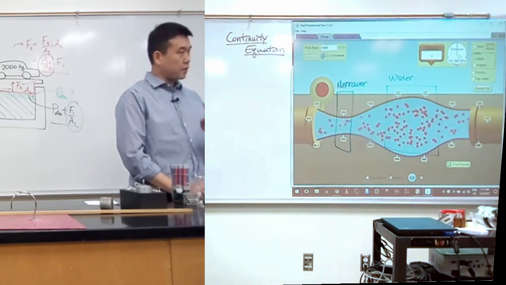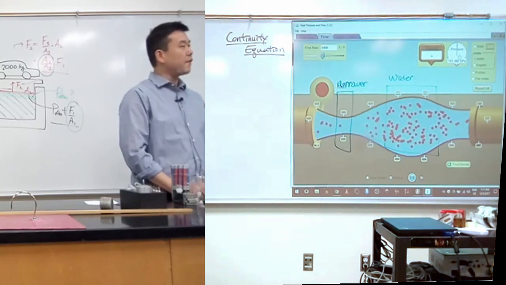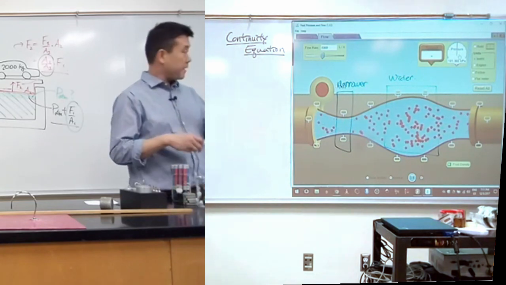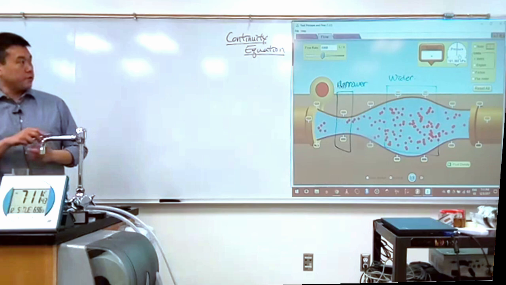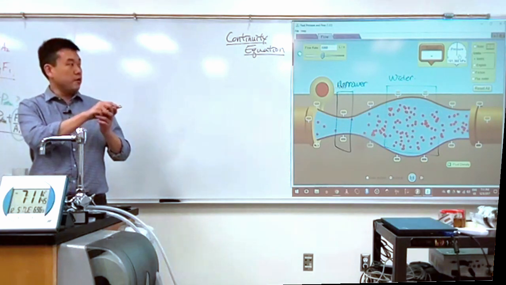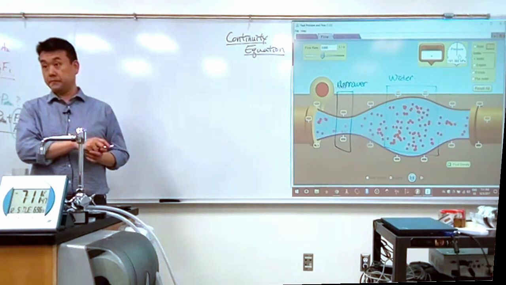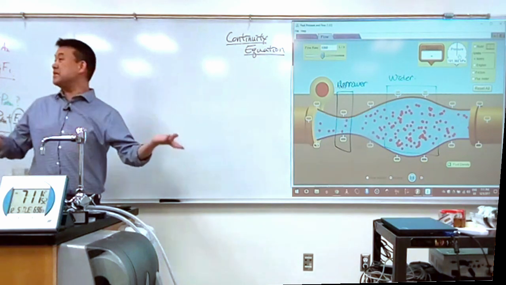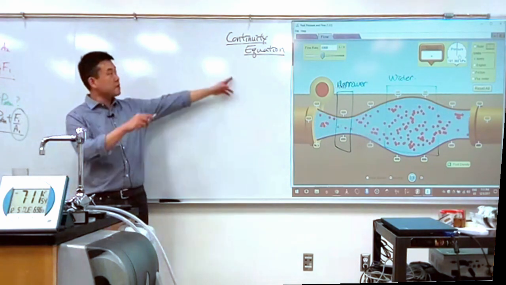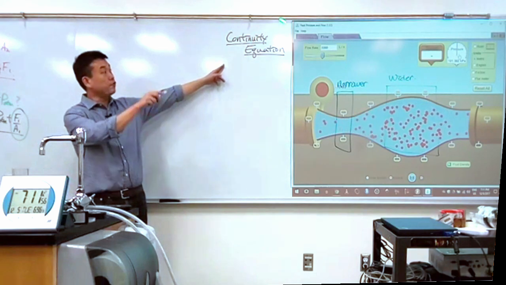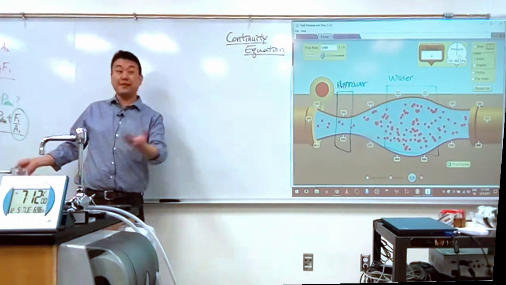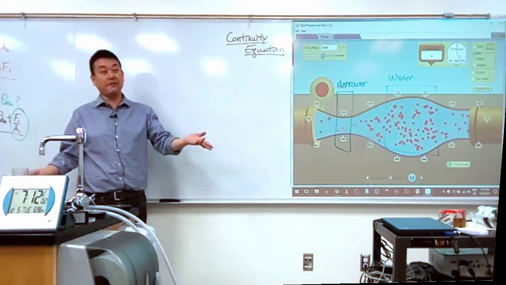I do want us to focus on volume, but it's not the volume of the pipe that I'm concerned with, although that's part of the picture. The volume that I'm really concerned with is the volume of the fluid. And that's the principle behind whenever somebody refers to something called the continuity equation. You see it in fluids. You see it when you deal with electricity and magnetism, upper division level.